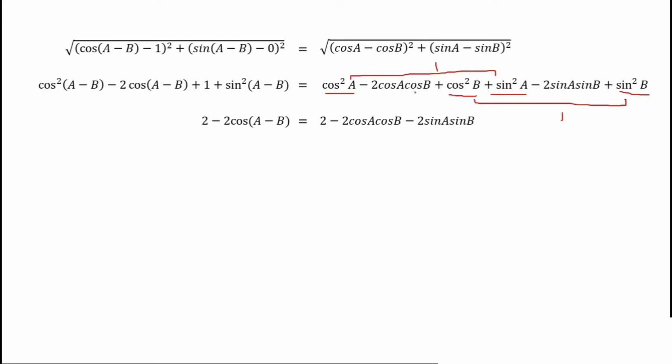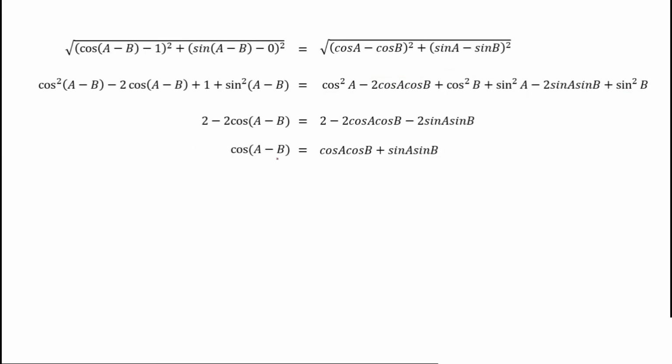And then you've got minus 2 cosine A cosine B, and then minus 2 sine A sine B is left over. So we can subtract 2 from both sides, and then we can divide both sides by negative 2 to give us the following. Cosine A minus B equals cosine A cosine B plus sine A sine B. This is our identity for cosine A minus B. So now we know this is true.